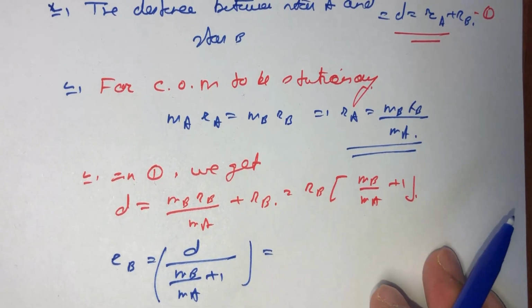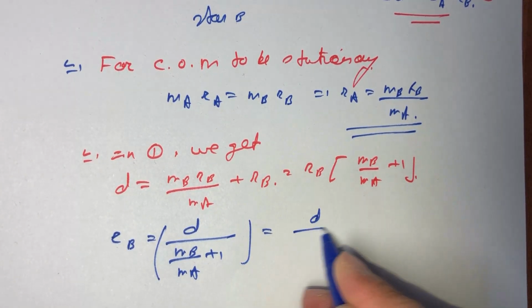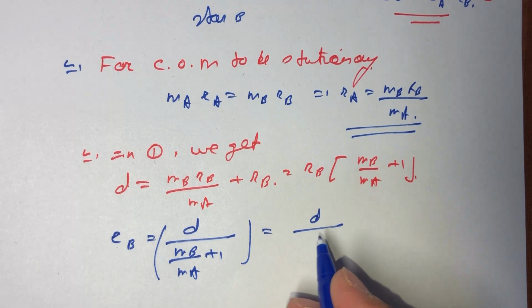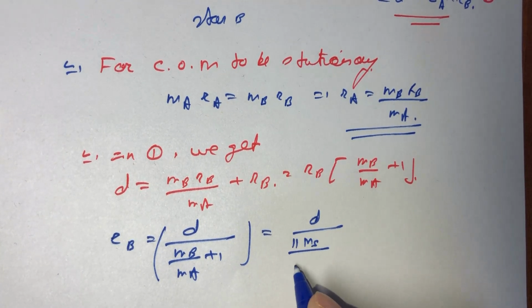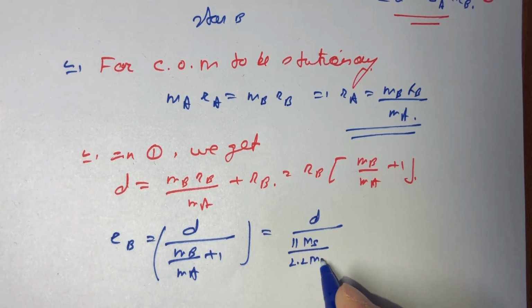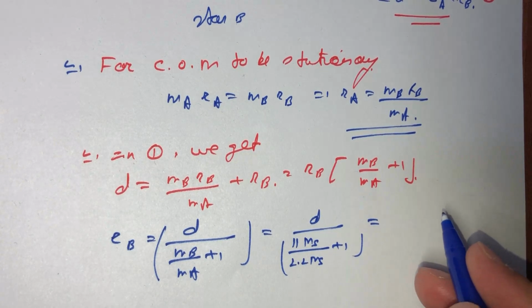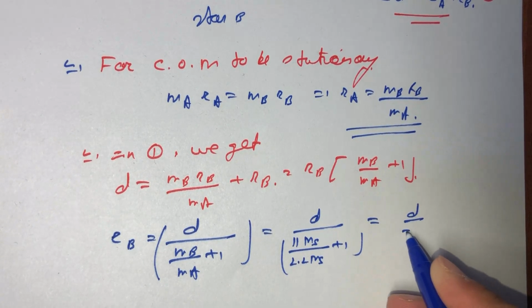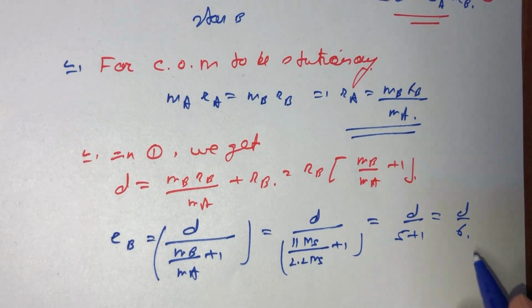Now substituting the value of mass of B star as well as A, D as it is, mass of B is given as 11 ms, mass of A is given as 2.2 ms, and plus 1. This will be equal to D upon 5 plus 1, so we get D upon 6.